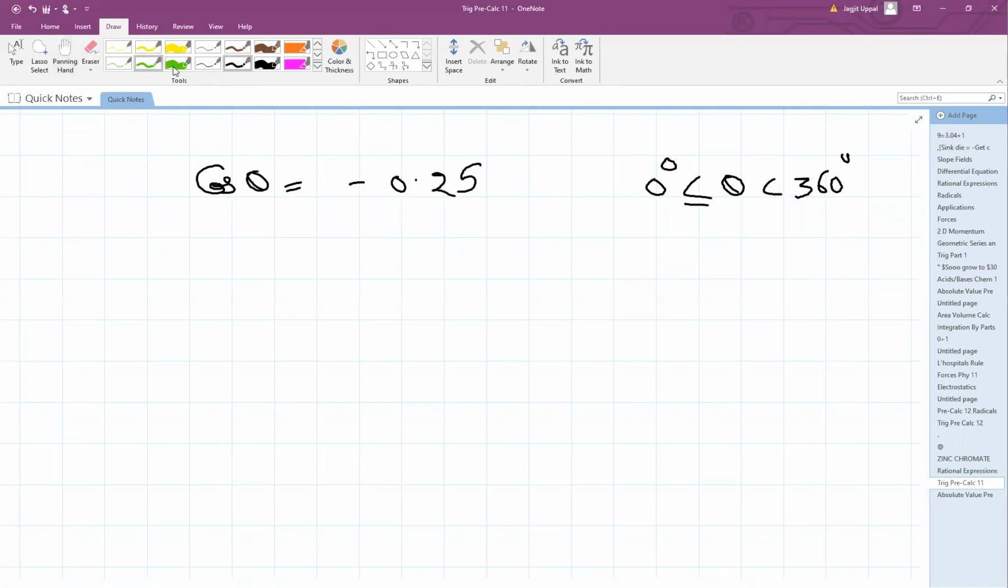So the first thing that you need to find is your reference angle. And for that, you would just do inverse cos, second cos. Ignore the negative. It's just going to be inverse cos of 0.25. Make sure your calculator is in degree mode. Punch it in. What's inverse cos of 0.25? 70.52.